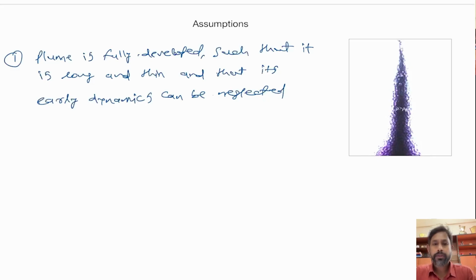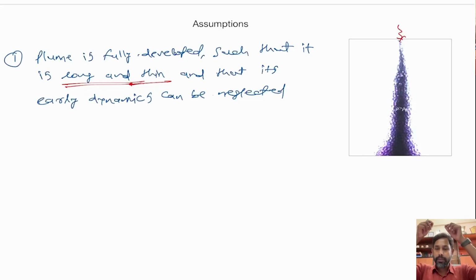All right, so what we are assuming here is that we started injecting this dense fluid here, and it has already been long since it started, so it has been flowing for a long time, right? And if it is flowing for a long time, what happens is the plume is fully developed, so it has already become very long and thin in shape. So this is generally what you see for a plume which has been running for a long time.